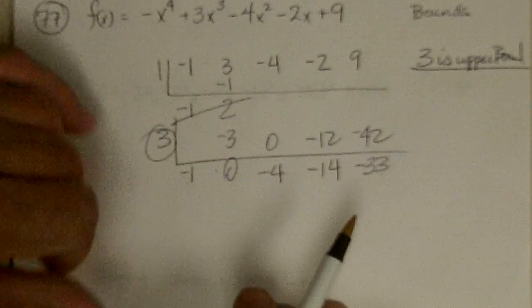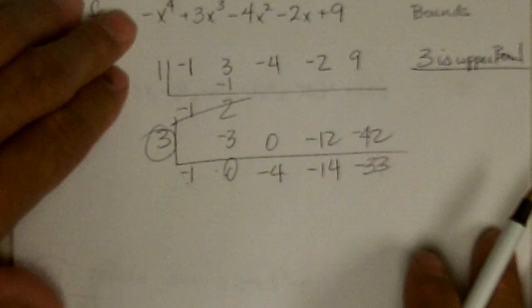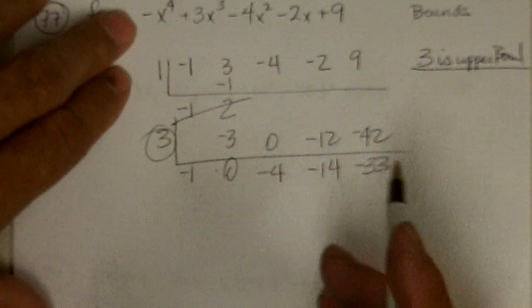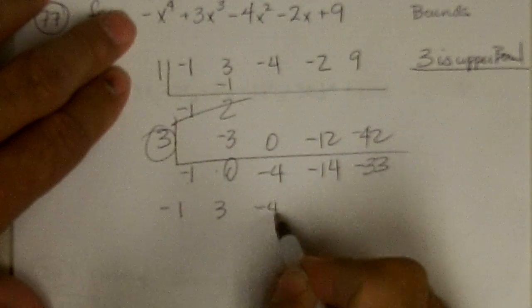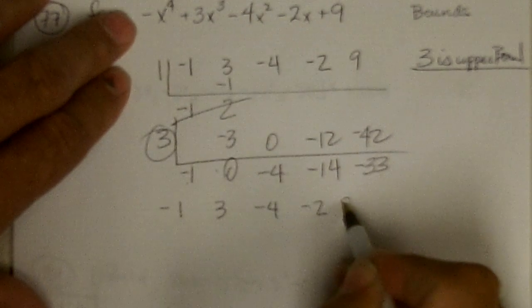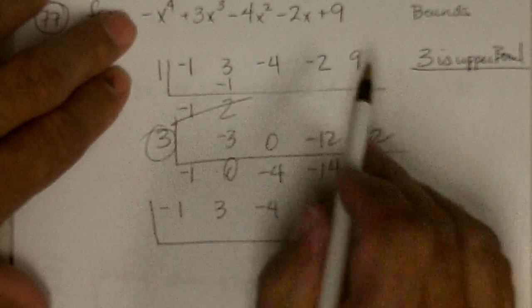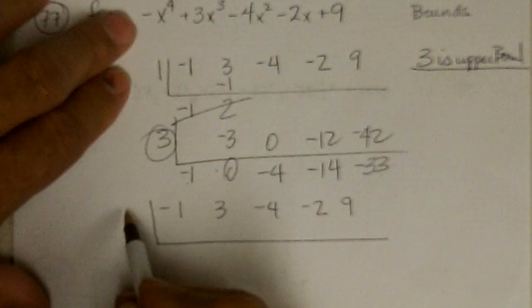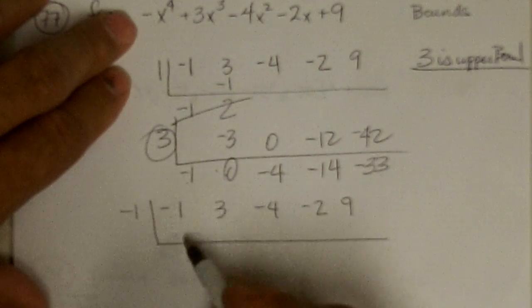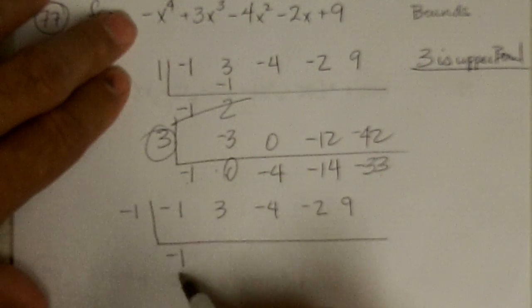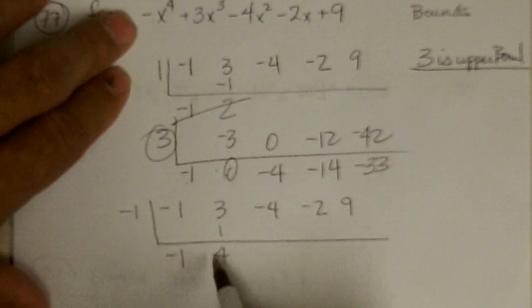Now I go down until I find every time it changes sign. So I'm going to start over again with the minus 1, 3, negative 4, negative 2, 9, and I want the signs to always change. So I'm going to start down. I could try with a minus 1 first and work my way down. So minus 1, this would be minus 1, this would be 1, that's positive 4, that's a sign change.